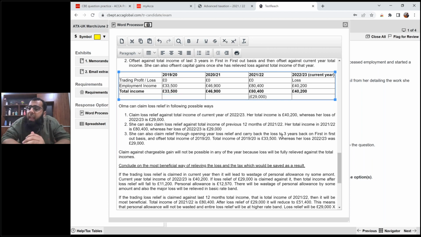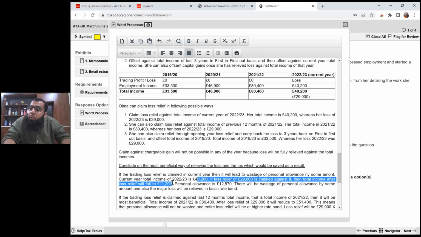If I claim 29,000 here, my allowance will not be wasted because there is sufficient income left. If I claim 29,000 here, my allowance will be wasted by some amount, because if I deduct 29,000 from 40,200, the total income will fall to 11,200. Some of the allowance will get wasted.